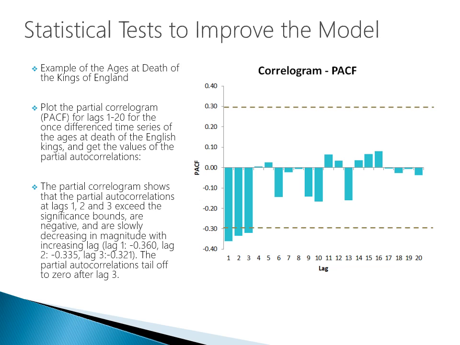The partial correlogram shows that the partial autocorrelations at lags 1, 2, and 3 exceed the significance bounds, are negative, and are slowly decreasing in magnitude with increasing lag. So lag 1 is minus 0.36, lag 2 is minus 0.335, lag 3 is minus 0.321. The partial autocorrelations tail off to 0 after lag 3.